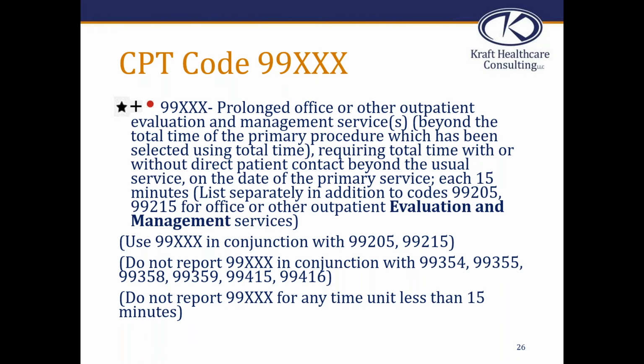This is listed separately in addition to codes 99205 and 99215 for office or other outpatient evaluation and management services. So this code can only be used with 99205 and 215. You can't use it in conjunction with 354, 355, 358, 359, 415, or 416. And you can't do it for less than 15 minutes.